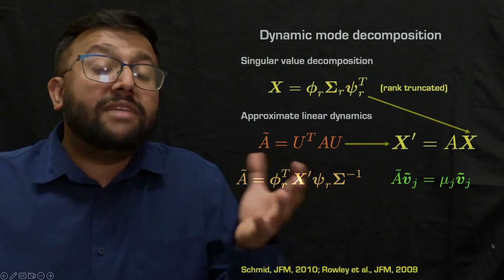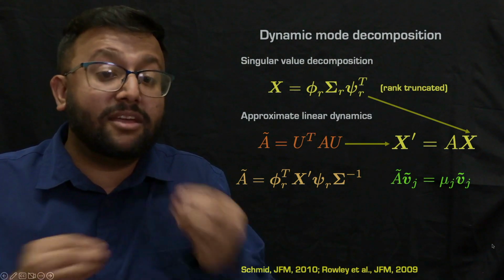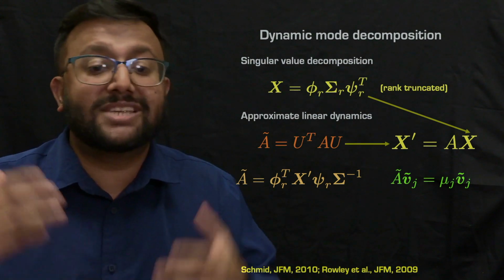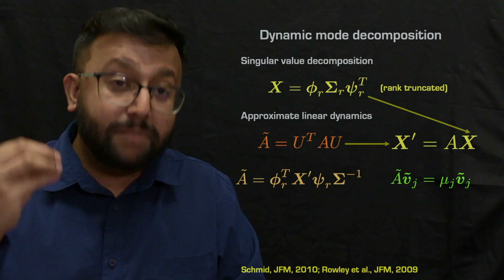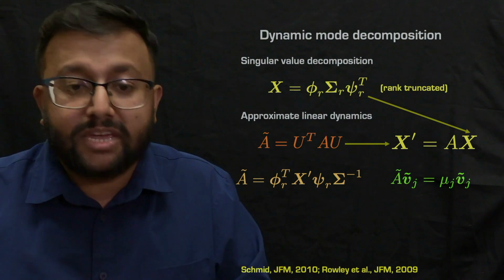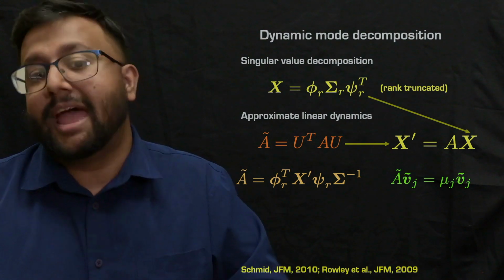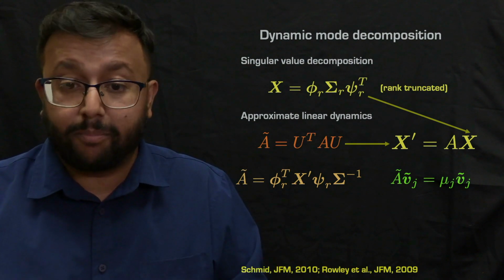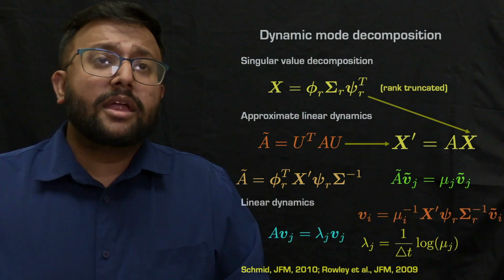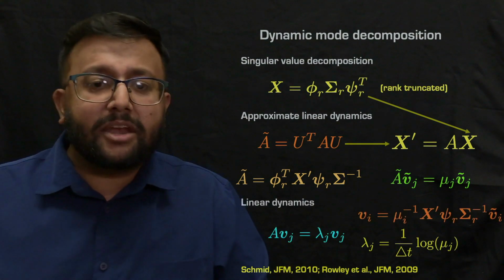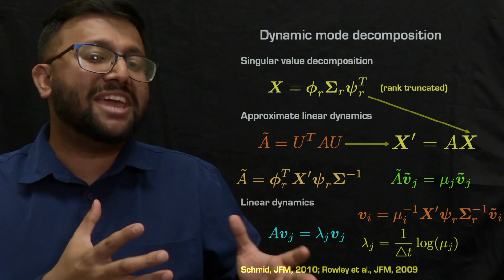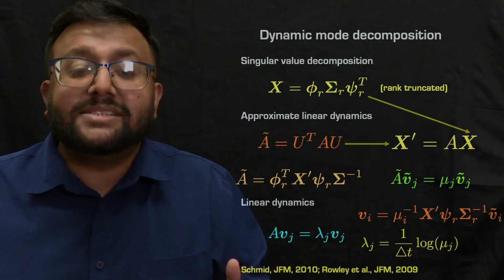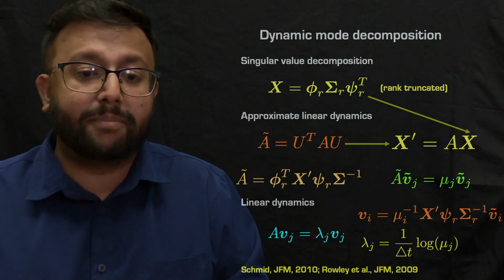So now that we've got the approximate linear dynamics of the system, we can perform eigen decomposition of this A tilde operator to get mu j and tilde Vj. So the eigenvalues are mu j and tilde Vj is the eigenvectors of this approximate operator A tilde. Now you'll ask the question, okay, we got the approximate operator, but what are the true DMD modes of the system? Well, that's actually easy once you get the approximate operator.